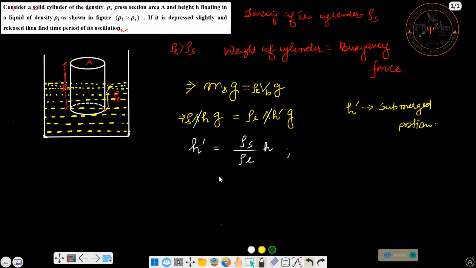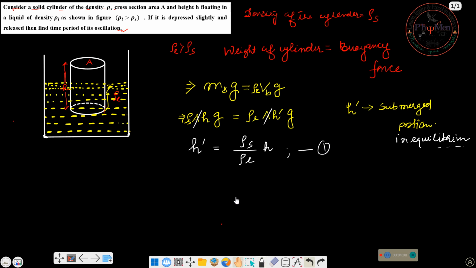Where this h dash is the submerged portion in equilibrium, which means the net force upward and downward is equal. Let me take this as equation number 1.